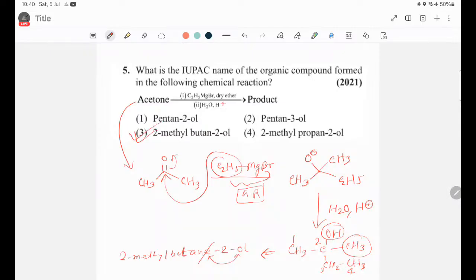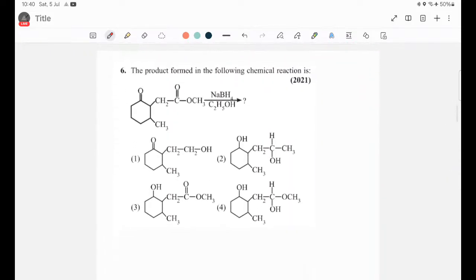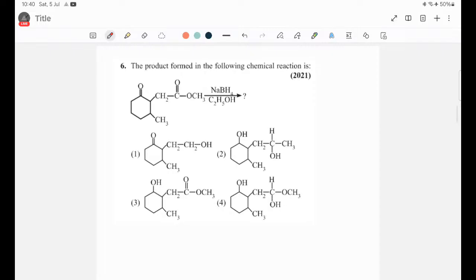Now we are moving to the sixth question of the alcohol and phenol part. This is a very important question, one of the most important questions. I like this question especially because I have already mentioned in our regular class the nature of NaBH4. Most of you understand that NaBH4 is one kind of reducing agent, but it's a different kind of reducing agent.